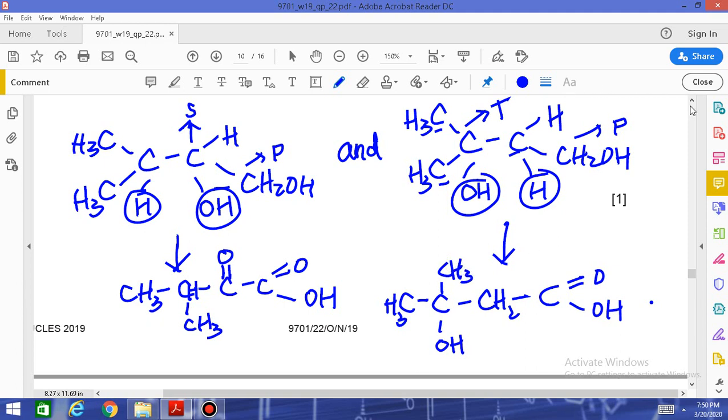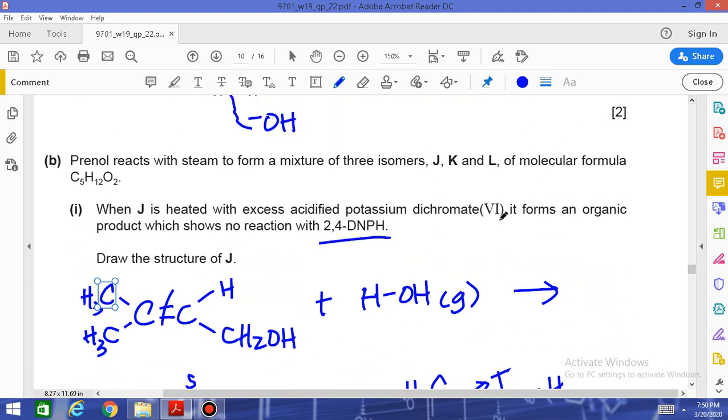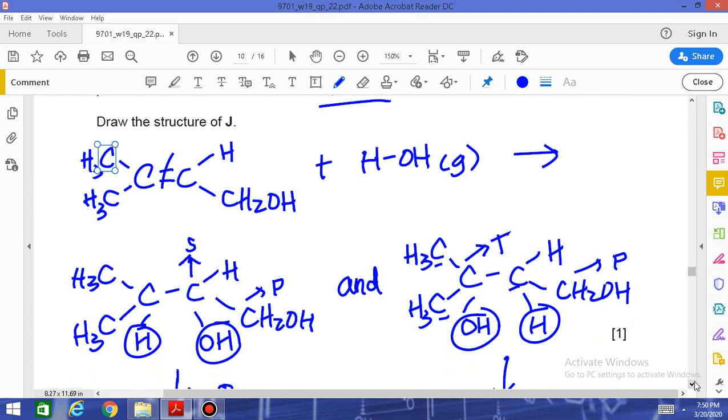Now, it forms an organic product which shows no reaction with 2,4-DNPH. After oxidation of the alcohol, it forms an organic product which shows no reaction with 2,4-DNPH.